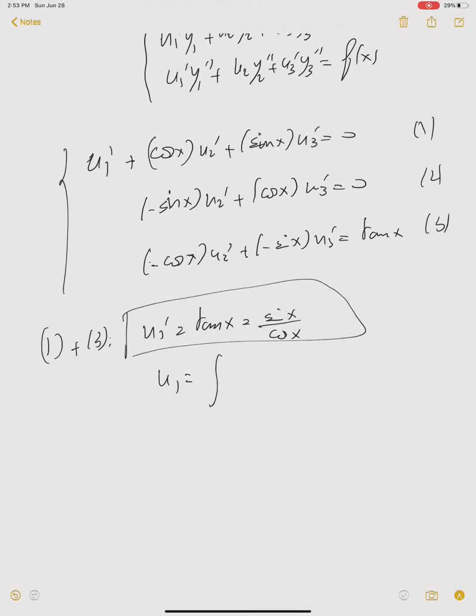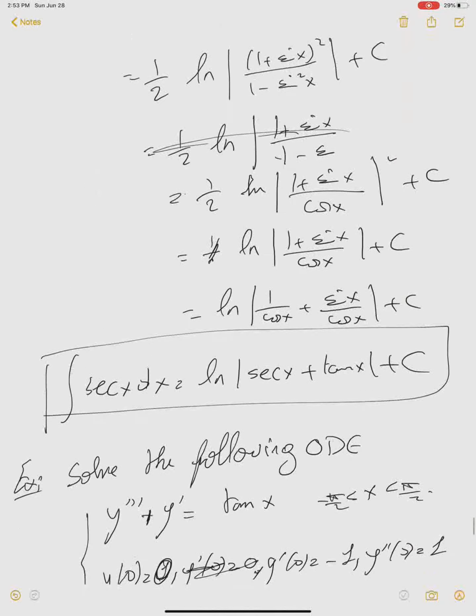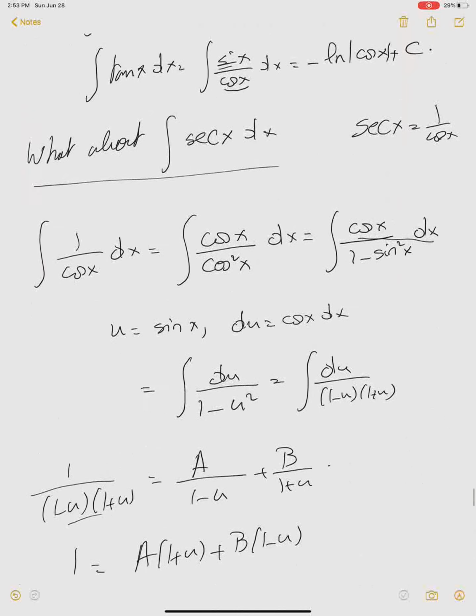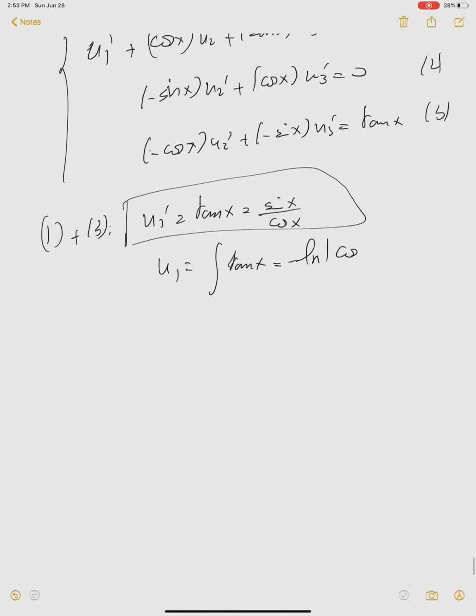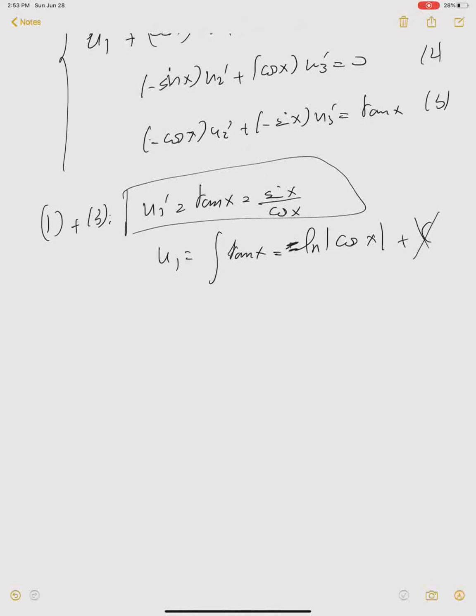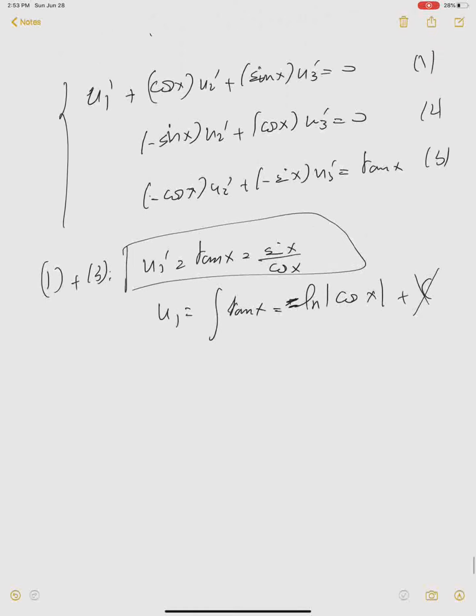So u1 is the integral of tan x, which is equal to minus log of absolute value of cosine x plus c, but I choose the c to be 0 because I need only one particular solution again. So I need one u1, one u2 and one u3. Okay, so I found one.